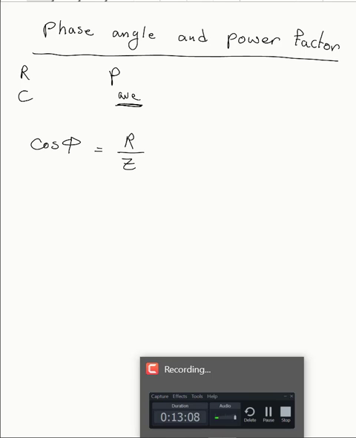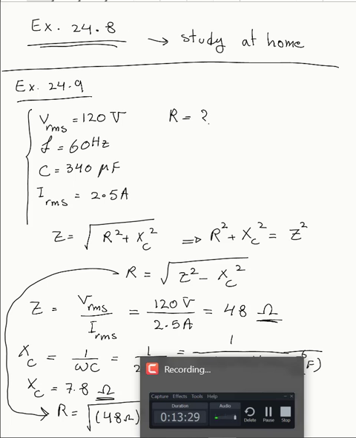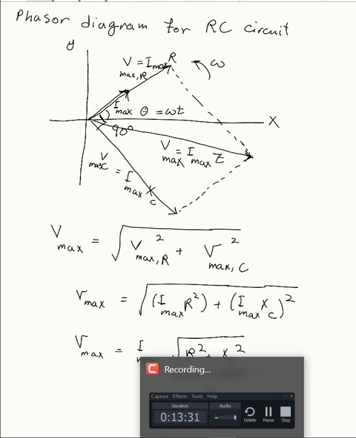Okay, so we should define a new angle called the phase angle, and it's defined by cosine phi equals R divided by Z, the resistance divided by the impedance. Now, if I want to show you what this phi is, let's go back to this diagram here.